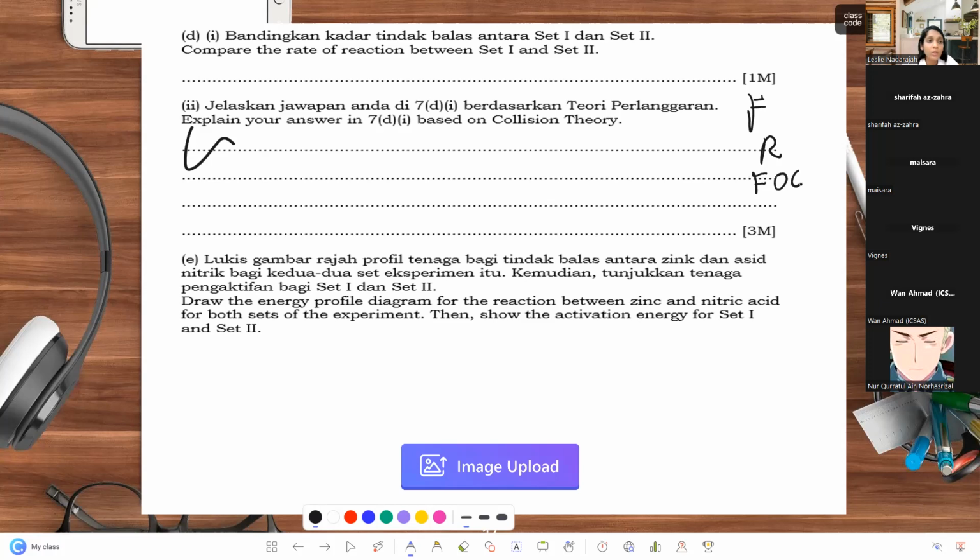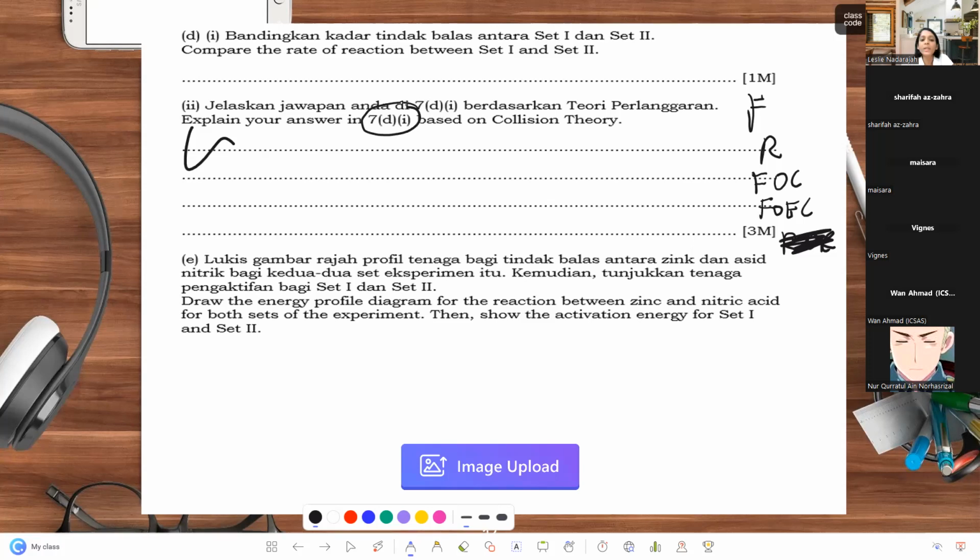Class, I can guarantee you this is coming out. If you don't study, you're in for big trouble. Rate of reaction will come out. What's after FOC? FOEC. What's my last one? ROR. Okay, very good. So happened that ROR already settled in the previous question. Now, explain your answer in 7D1 based on collision theory.